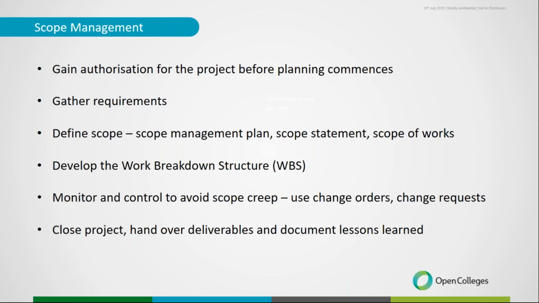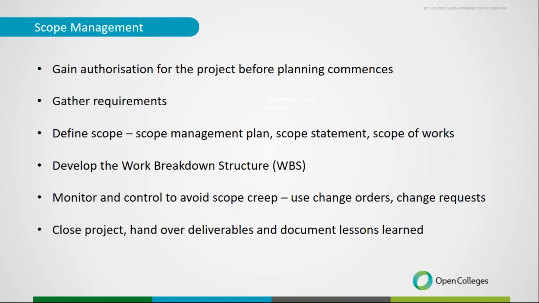And then when we get into the project, monitoring and controlling that scope to make sure that we don't get into scope creep is really important. So if a change is needed, and it always will be, there's always going to be changes in a project. Nothing ever goes perfectly to plan. We just need to make sure we put it through the formal change process, complete change orders or change requests, once again interchangeable terminology depending on industries.